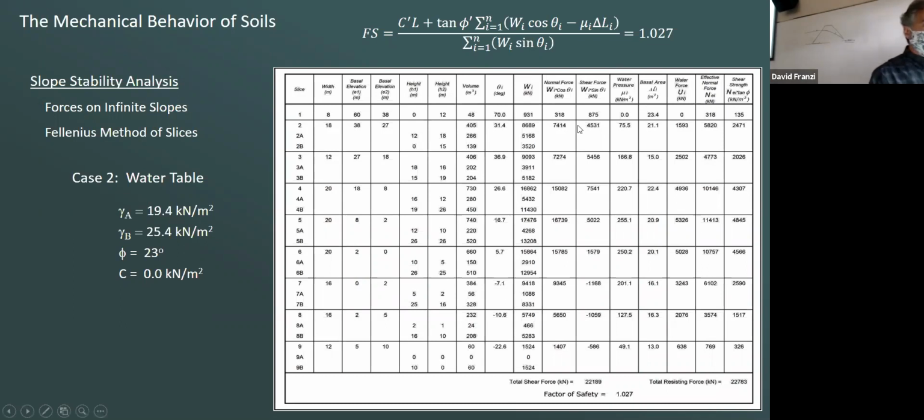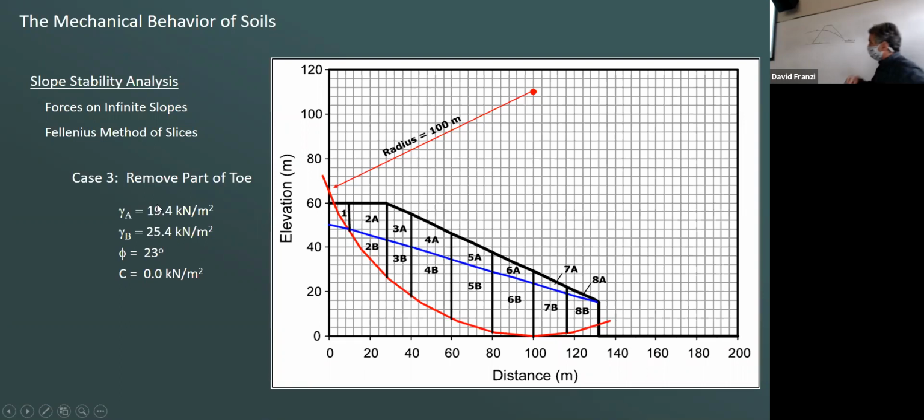All right, good. So now what can we do? Well, let's play around here. What happens if we decide that we want to build a house here? We want to cut into the bank. All right, so we have our water table. It's in the same position as before. But now we've taken out slice 9. If you recall, look at slice 7, slice 8, all of these forces are directed in the opposite direction, aren't they?